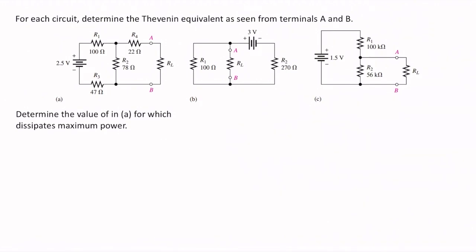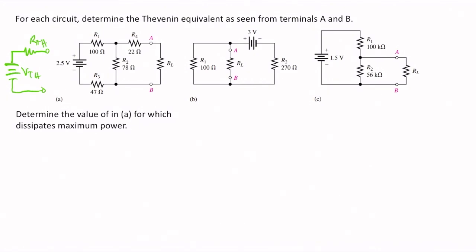To solve part A, what we really want to do is for each of these circuits to be converted into something like this: RTH and VTH. And we can solve for VTH and RTH separately.